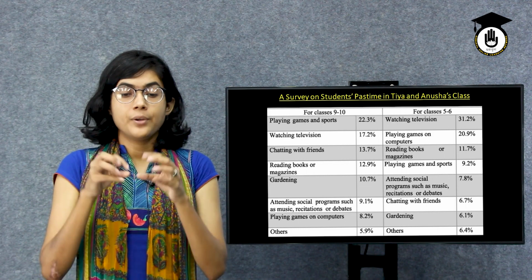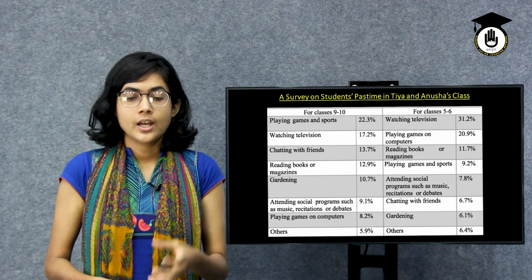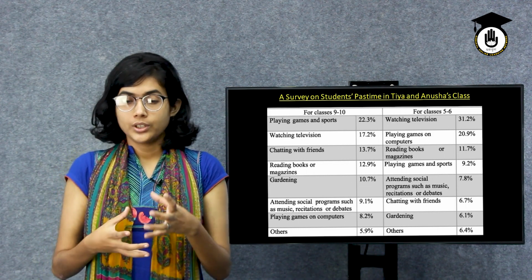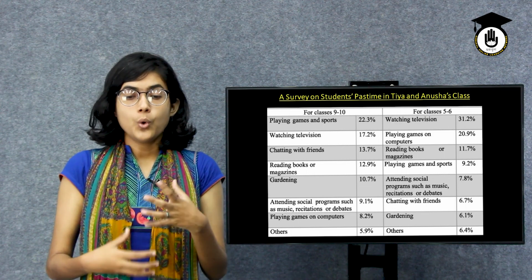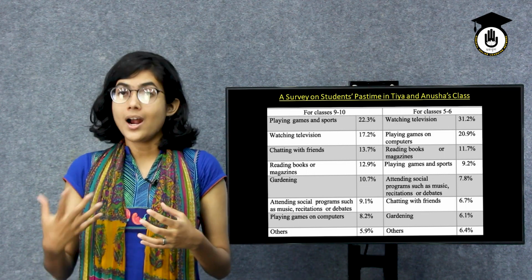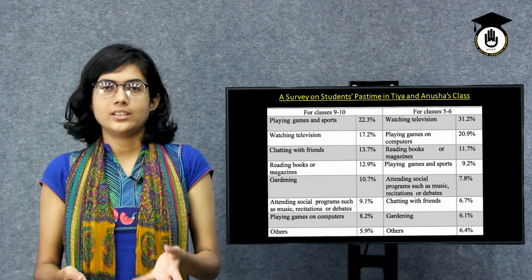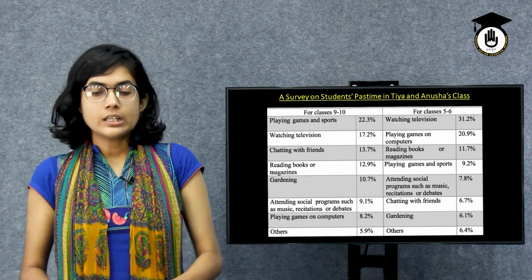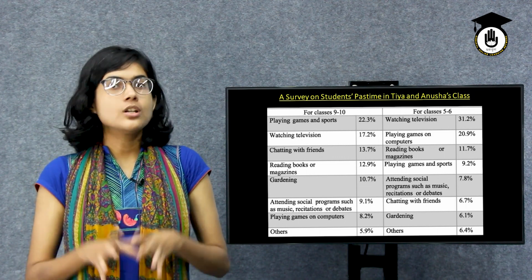There are the percentages which we can see, and probably these are for the students who are involved in these pastimes activities. So let's see if the description talks like so.